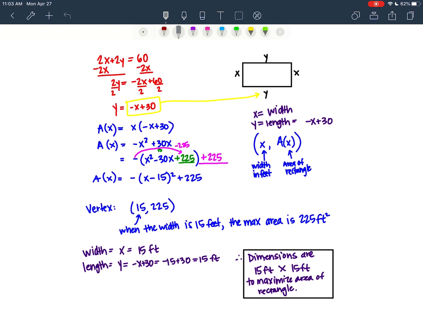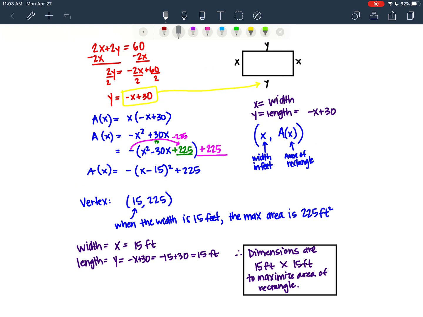Here's the problem that you just tried, and we get 15 feet by 15 feet maximizes the area of the rectangle, and there's all the work that goes along with it. So hopefully you're feeling very confident about completing the square and finding these maximum values.